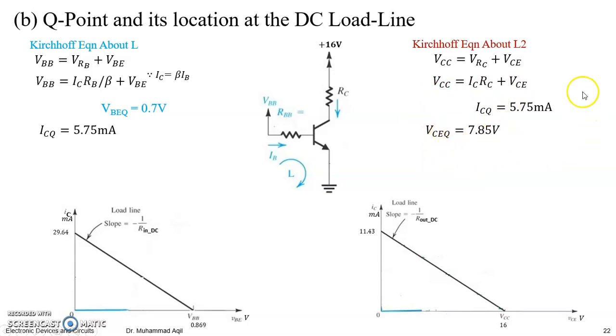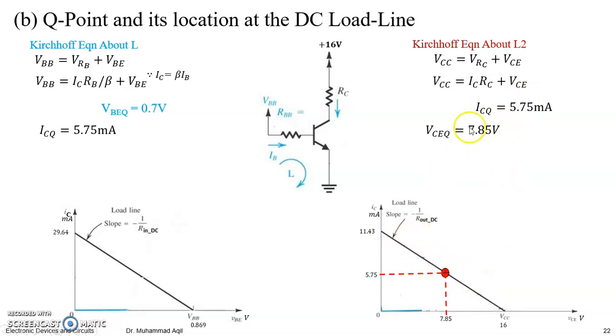And now this is your Q point at the output side, this is your Q point at the input side, so just place it on the load lines. So this is VCEQ and this is ICQ. And when you mark these, the curves must be on the load line that you have drawn.